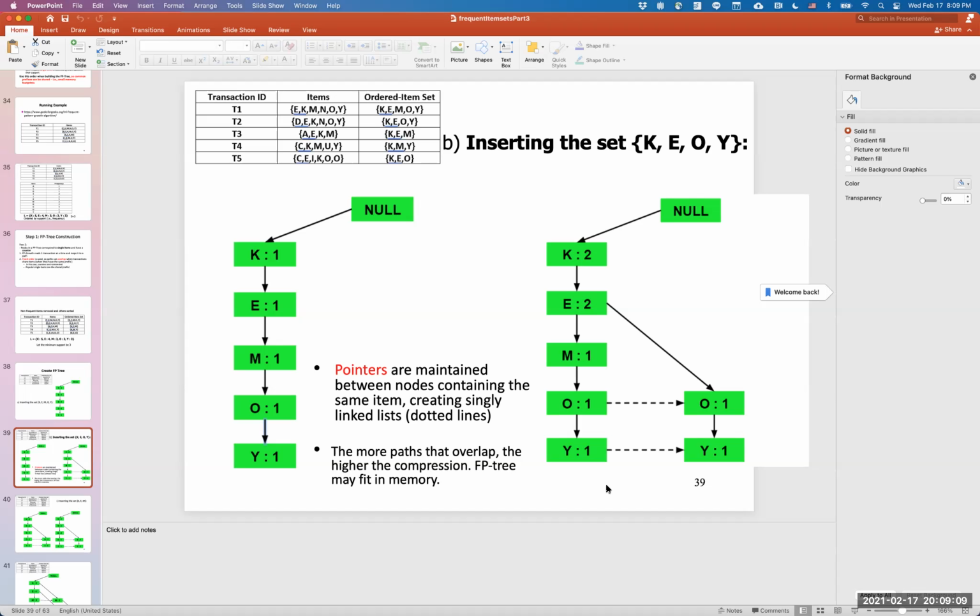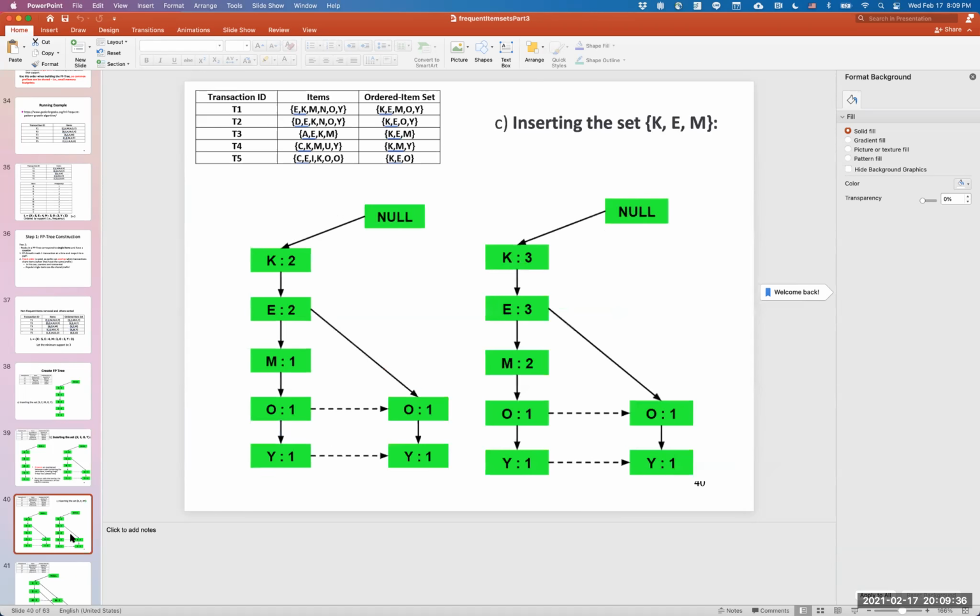I'm wondering how I can create this dotted line. If I want to create it, you have to keep in memory all the items you inserted the last time you saw that item.